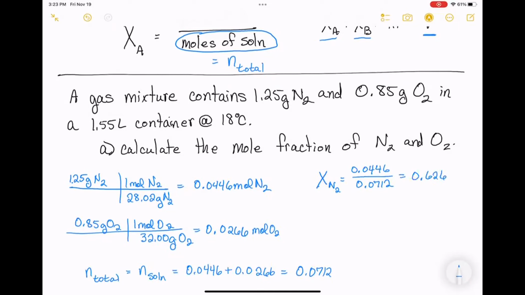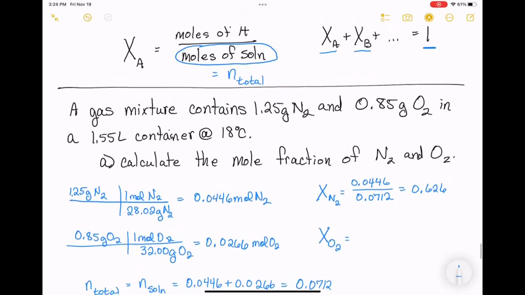And then we can get our mole fraction of oxygen. You can either calculate the mole fraction of oxygen the exact same way we just did with nitrogen, or you can remember that all of the mole fractions have to equal 1, and you can go 1 minus 0.626, and that is equal to 0.374, which would be the mole fraction of our oxygen.